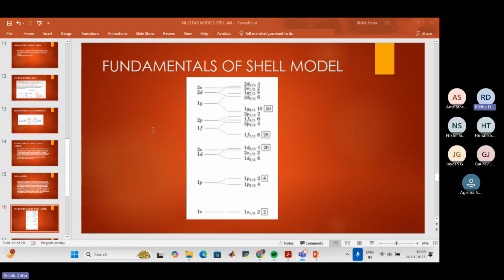So if we square them, then we get S square plus L square plus 2L·S. This is the expectation value of the spin orbit interaction.